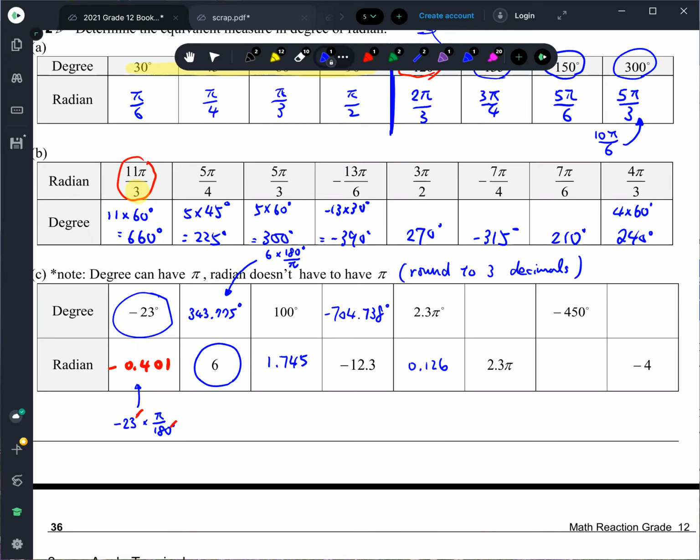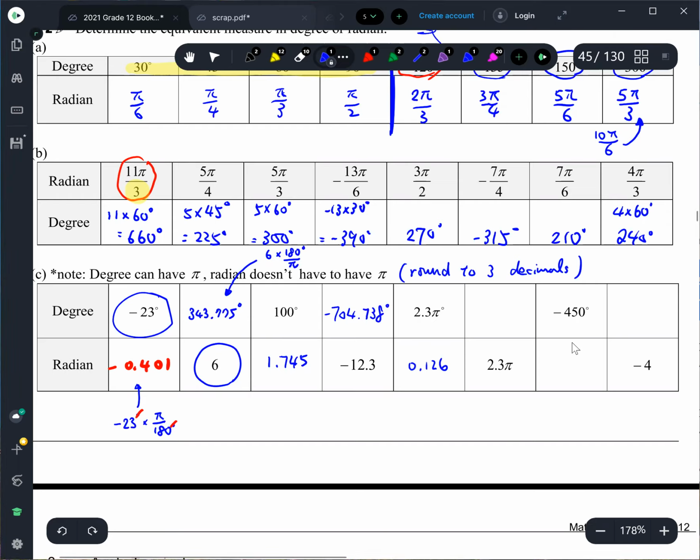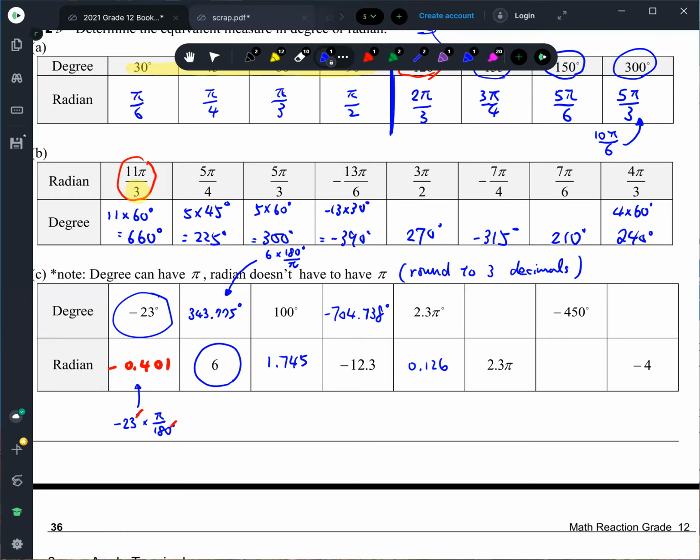Okay, Jocelyn, how about the next one? The degree for 2.3 pi. Did you find it?